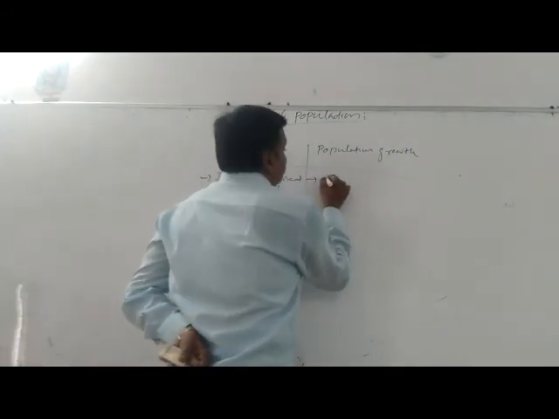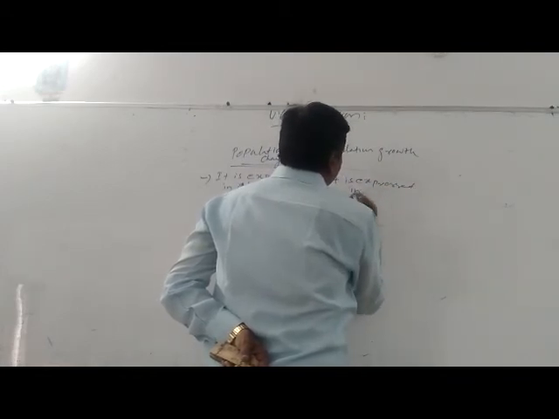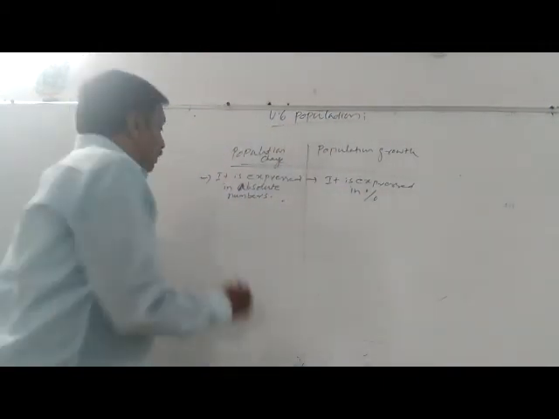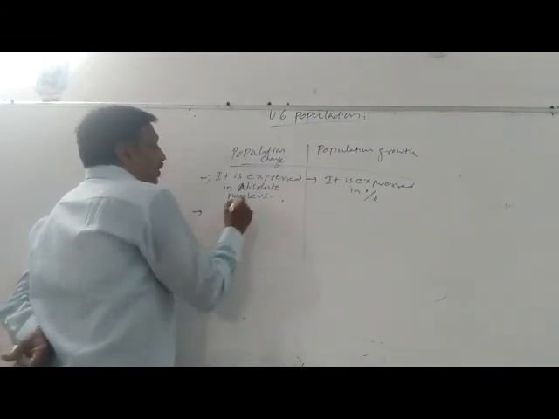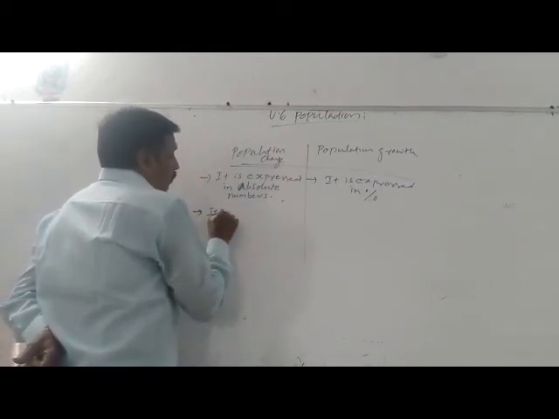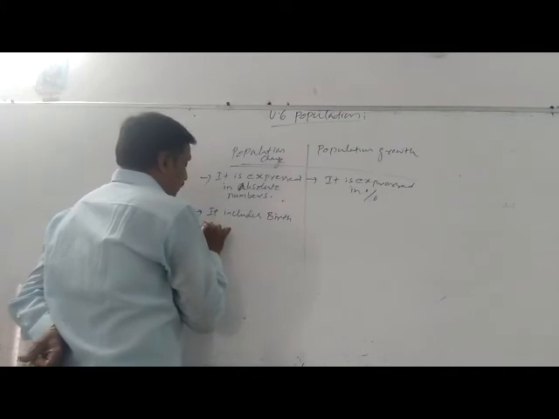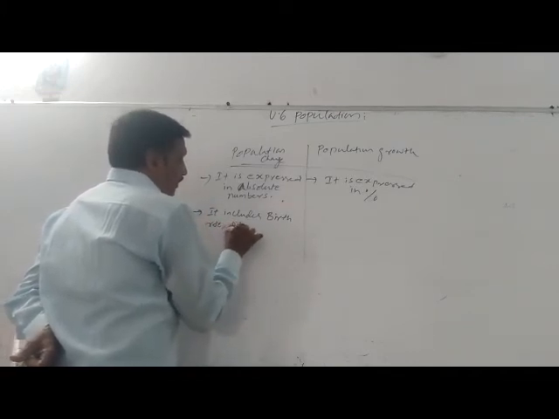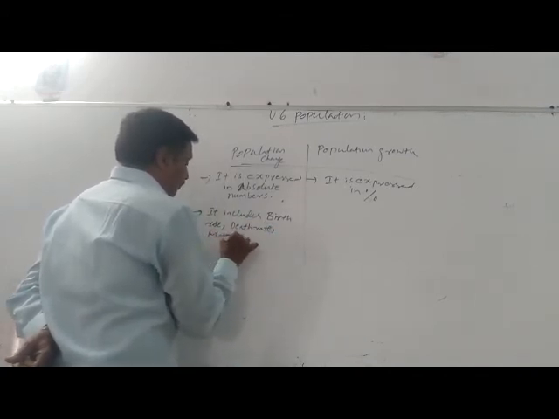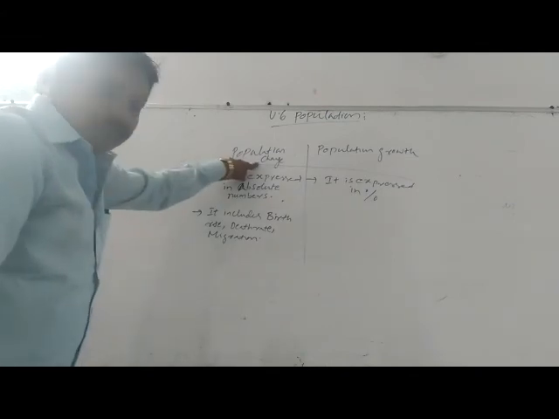Population growth is expressed in percentage. Population change includes birth rate, death rate, and migration.